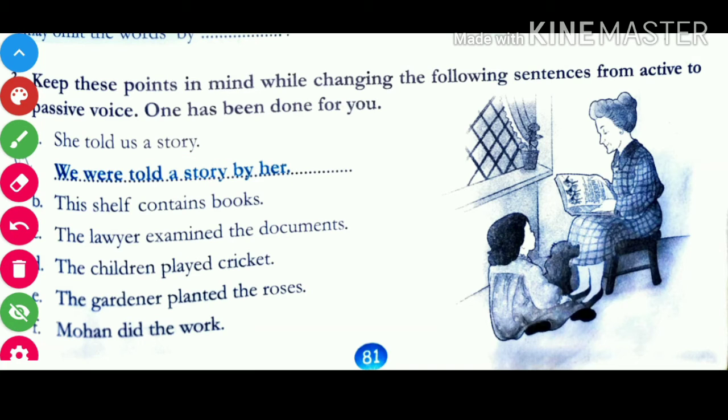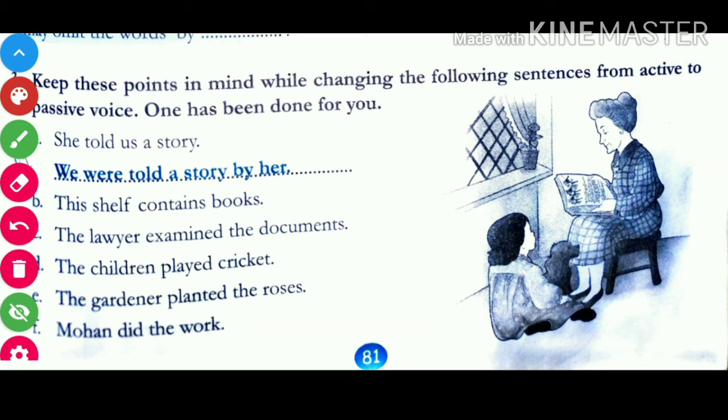Story. Okay, she told us. So us यहाँ पे हमारा subject बन गया. Okay, and what is the sentence now? Told, were told में change हो गया. That is simple past tense वाला rule. Okay, so we were told a story by her.